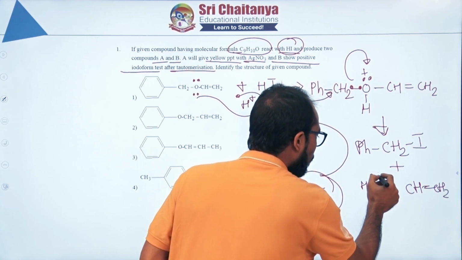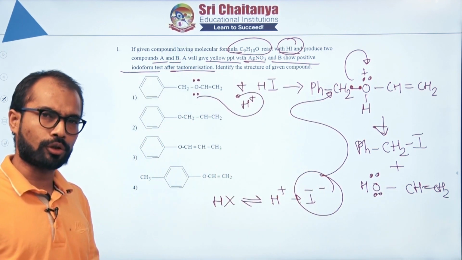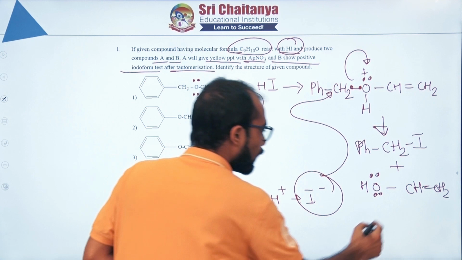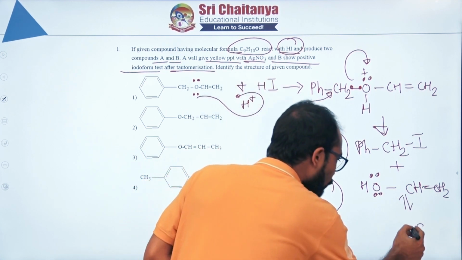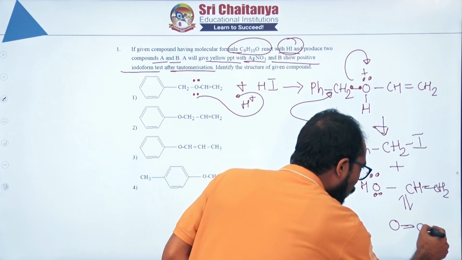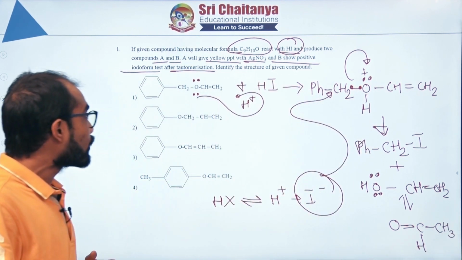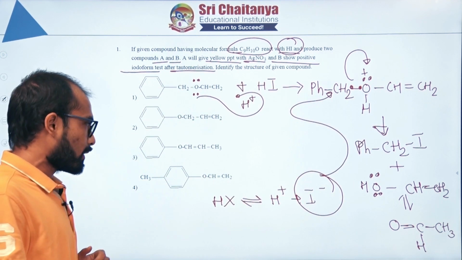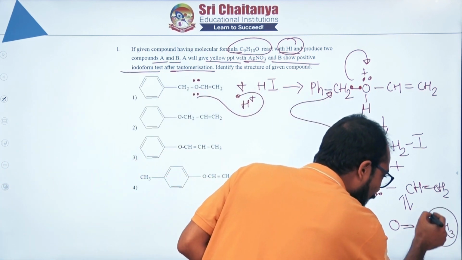Now, we know that enol forms are not very stable, it will quickly undergo tautomerization, and you are going to get an aldehyde at this particular carbon. Now, this aldehyde is going to give the iodoform test because of the presence of the CH3 group.